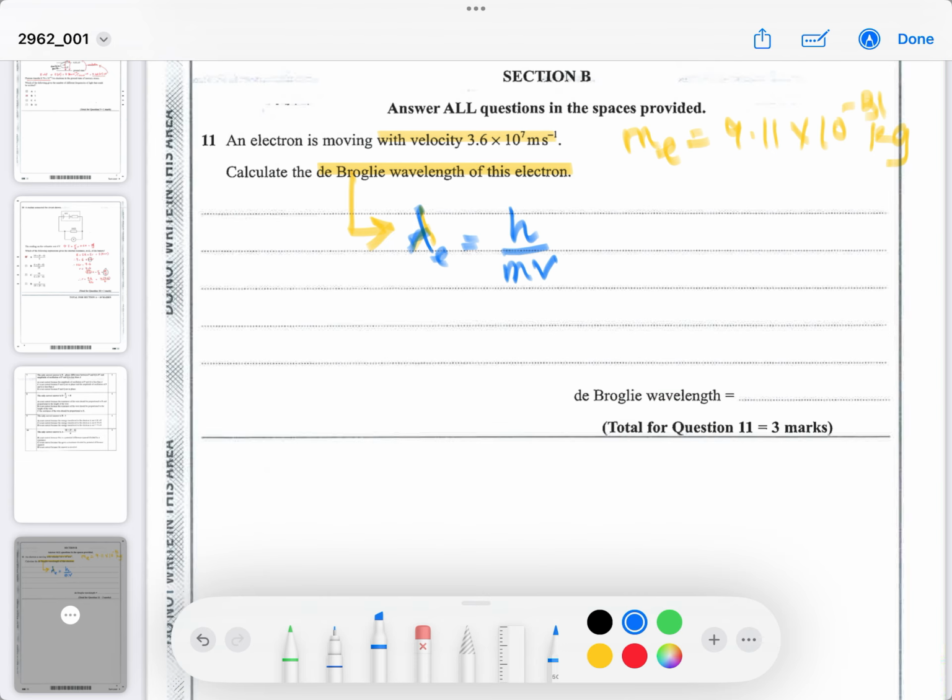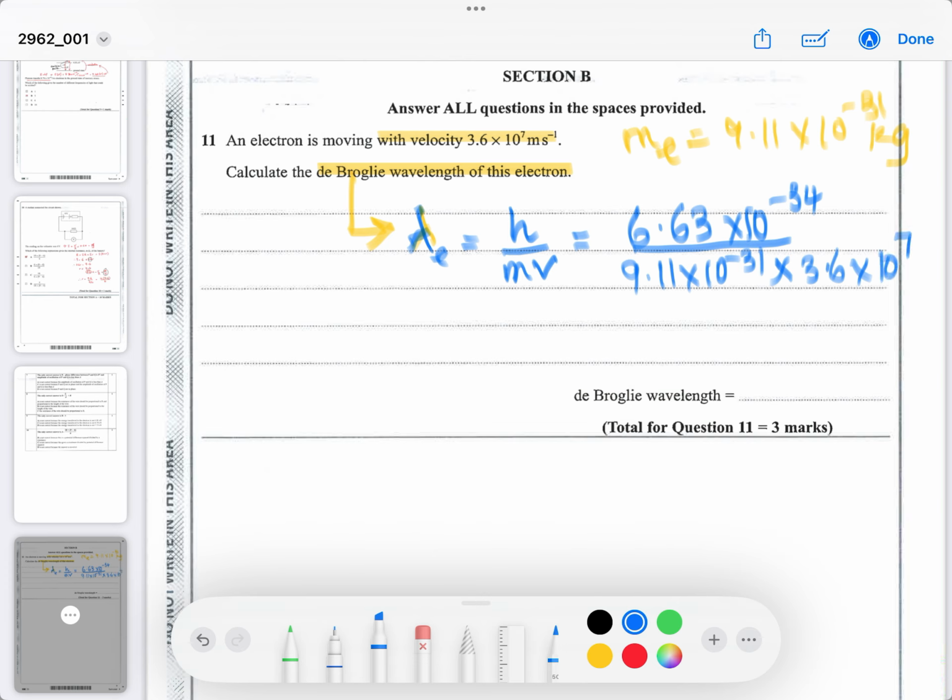All right, and the wavelength of electrons, as you'll see, is much lower than the wavelength of light. So you put the Planck's constant, which is 6.63 times 10 to the minus 34, also on the data sheet, divided by the mass of the electrons, so divided by 9.11 times 10 to the minus 31, and the velocity they've given you in the question, 3.6 times 10 to the 7.